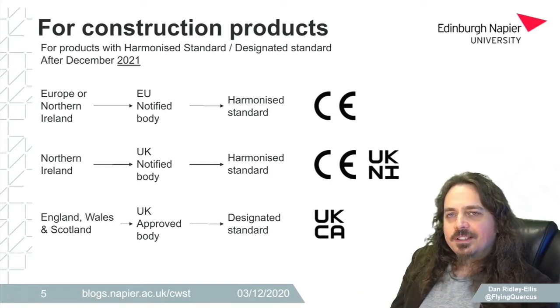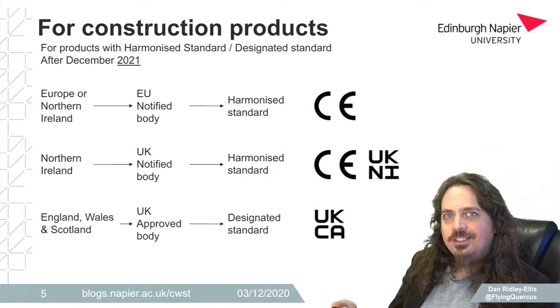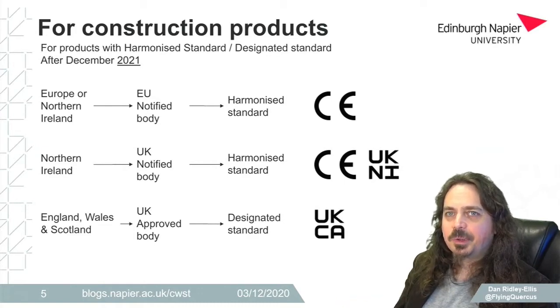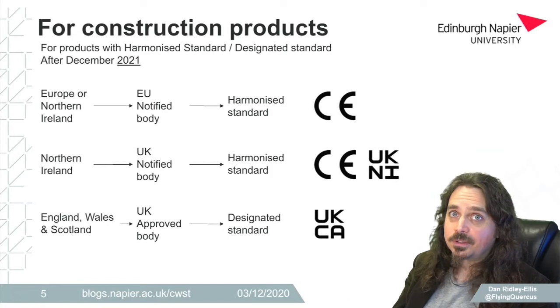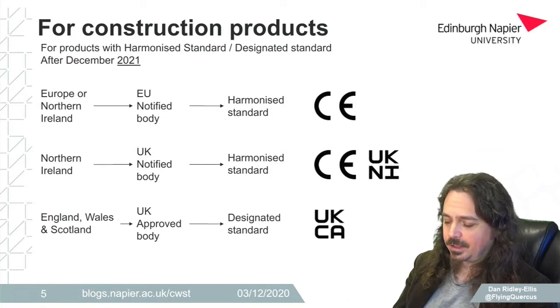So the one thing that is less certain is what happens with Northern Ireland. In Northern Ireland, because it's going to be, we think, part of the European market, it will be required to continue to do CE marking.